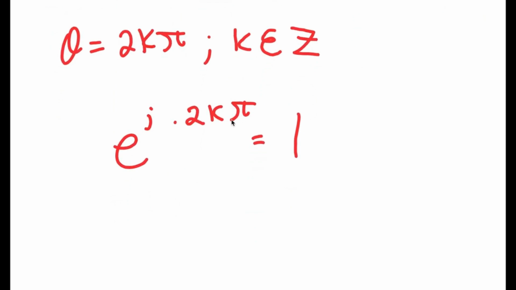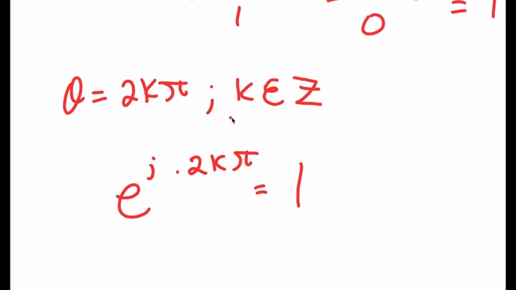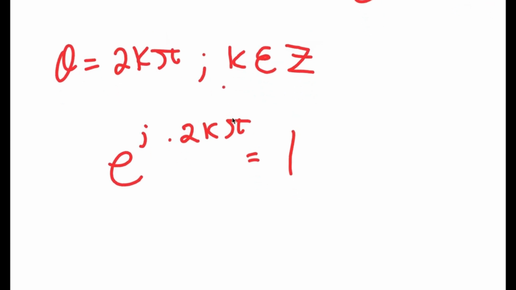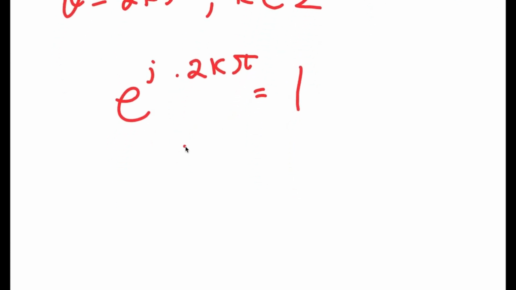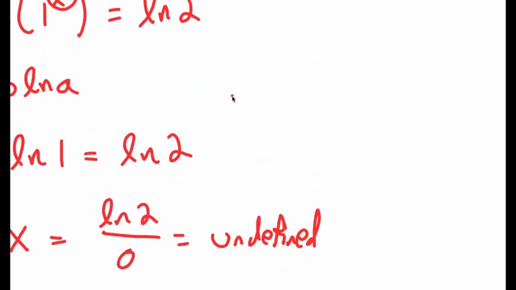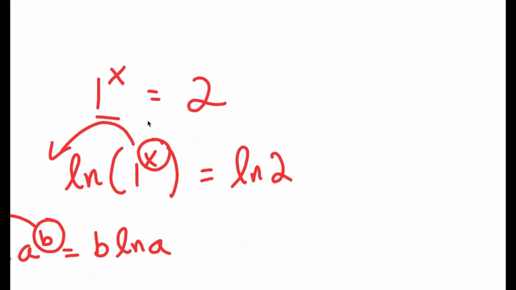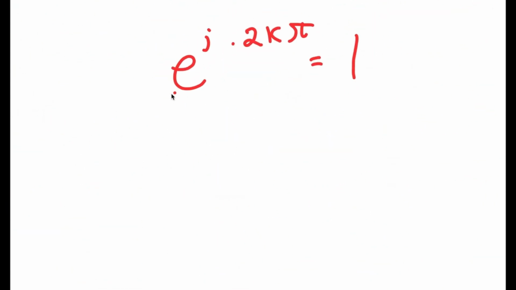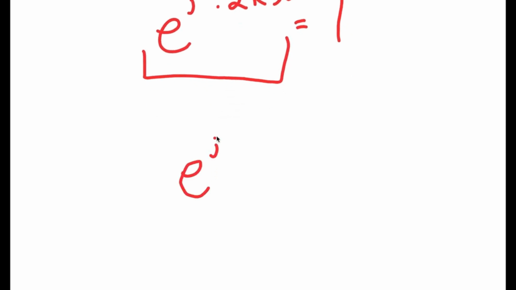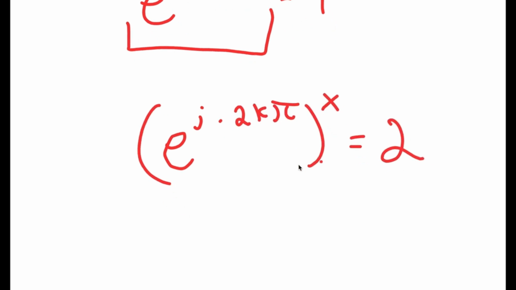Now, because this is equal to 1, we can remember our first equation, which we started with, 1 to the power of x equals 2, and we can substitute this in for 1, meaning I get e to the power of i times 2k pi, all to the power of x, is equal to 2.